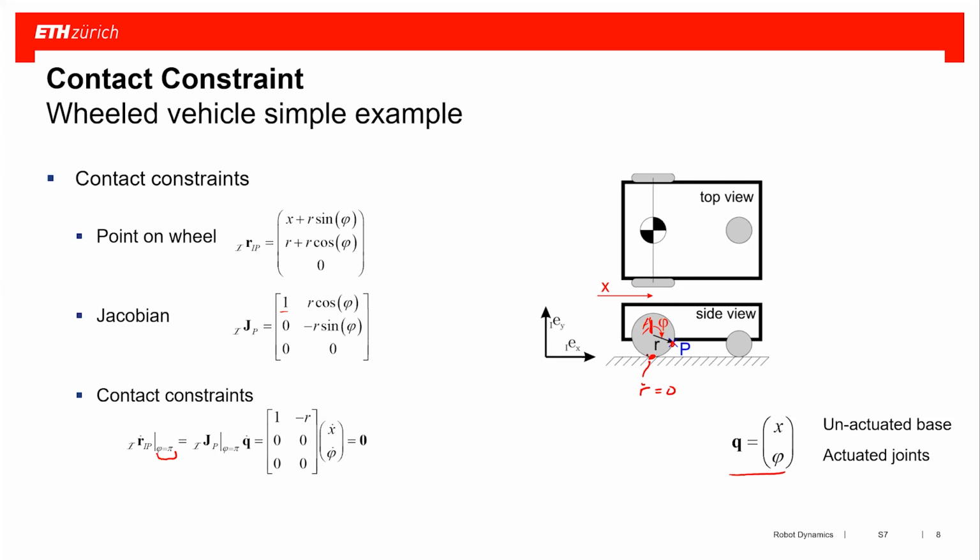So I'm looking at my r dot at phi equals pi, which is my Jacobian evaluated for the angle pi times q dot. So we take this matrix here, we evaluate it for phi equal to pi, and we get 1, minus r, 0, 0, 0, 0 as the Jacobian.